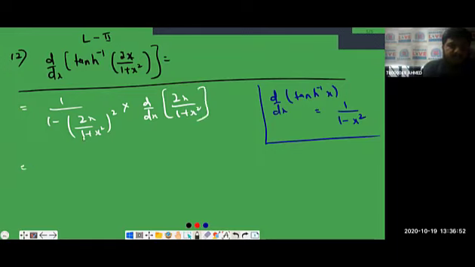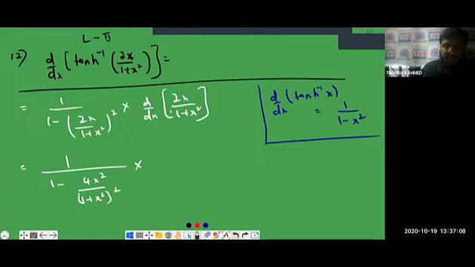So if you simplify this, 1 divided by 1 minus 2x by 1 plus x square whole square is 4x square by 1 plus x square whole square.